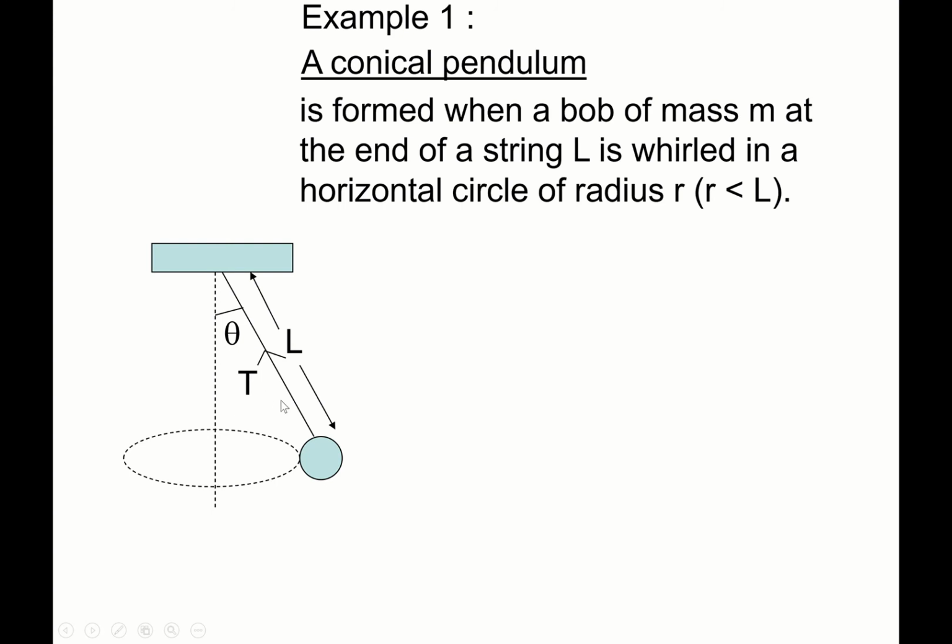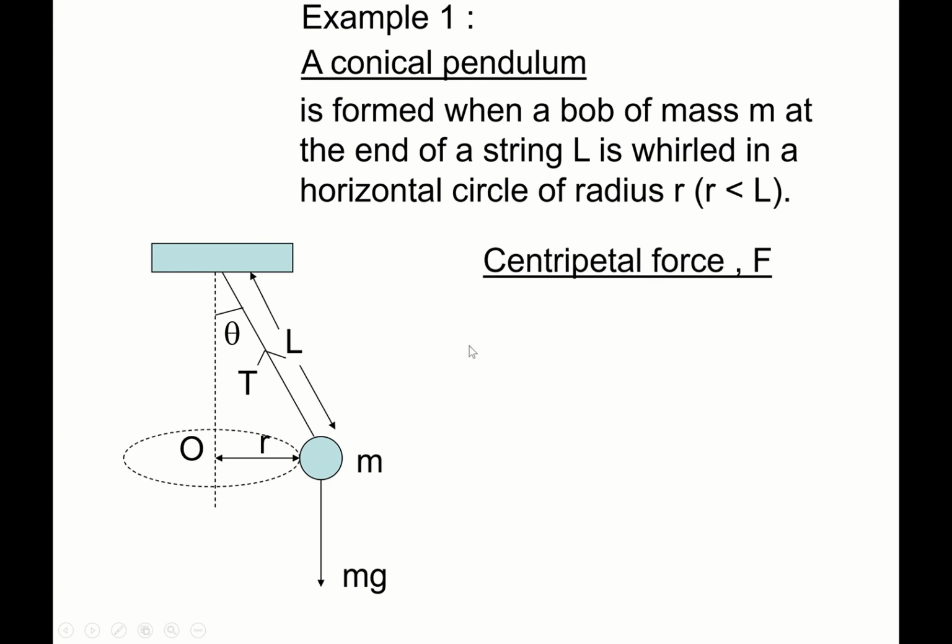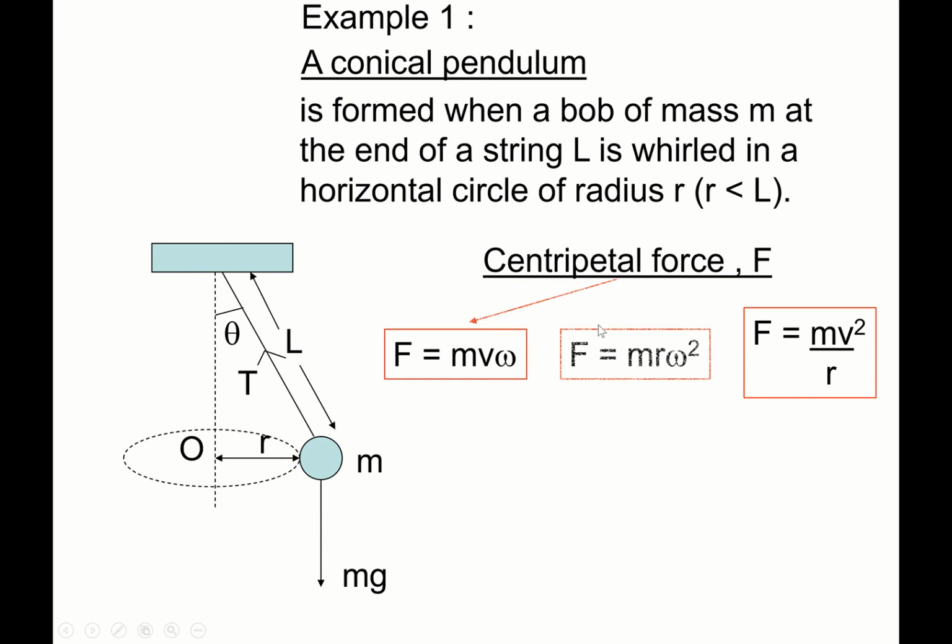The forces acting on the bob are the tension in the string and also mg. Let's say the radius of the circular motion made by the bob here is r. So for the centripetal force F, there are three equations. Let's say we choose the middle one, F equals m r omega squared.